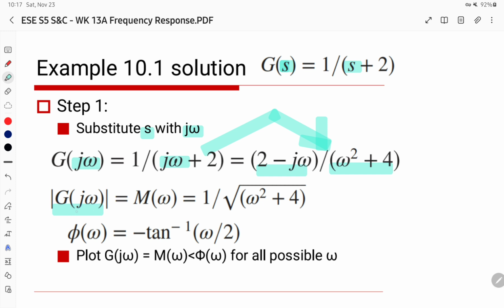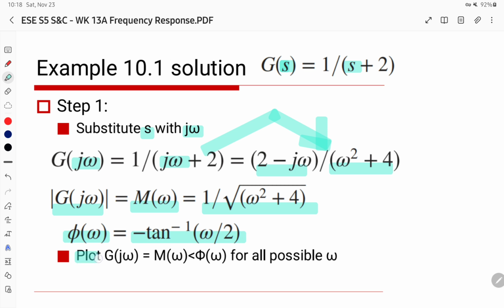The magnitude of G(j omega) we'll call M(omega), which is 1 over the square root of omega squared plus 4. And phi(omega), the phase, is minus tan inverse, minus arctan, of omega over 2.